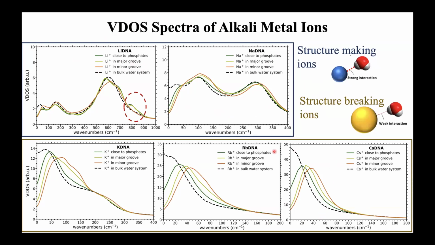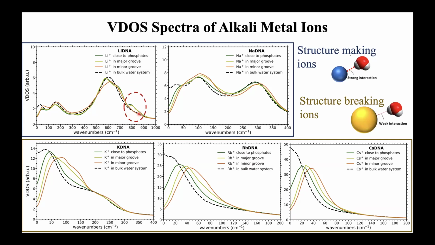The results show that for ions located near the DNA, the spectrum shifts toward higher frequency, with the most pronounced frequency shift observed for the ions in the minor groove, and this effect is mostly noticeable in the case of the structure-breaking ions. In contrast, the structure-making ions show almost no noticeable frequency shift.